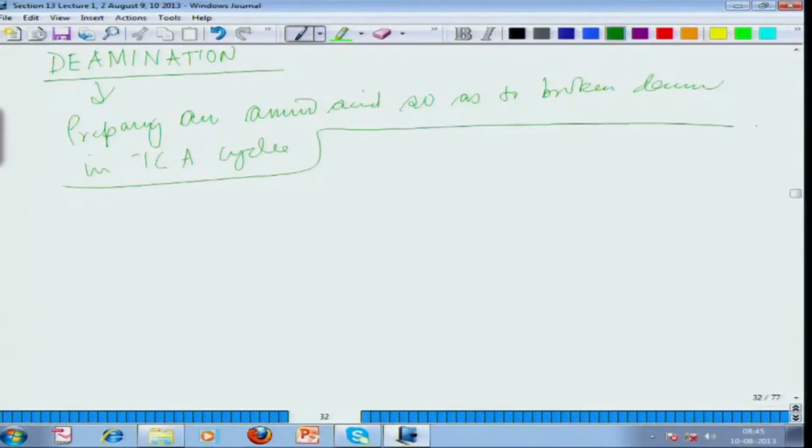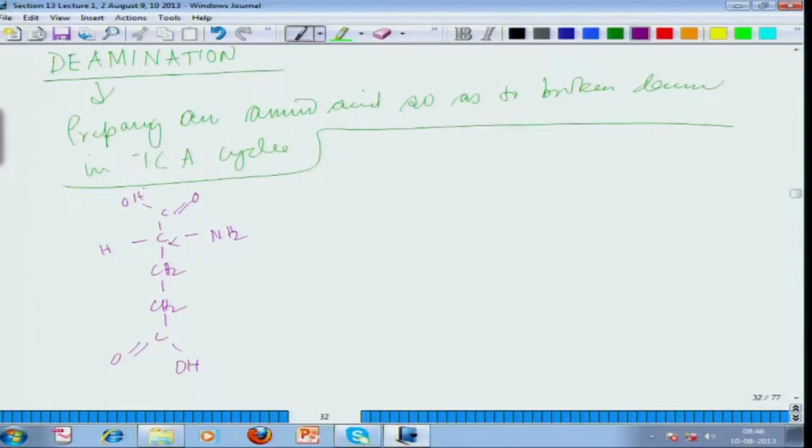Now, what is deamination then? Let us take this simple example. You have this CH2. I am writing a glutamic acid residue now. Here you have the alpha carbon, amino group, hydrogen, here your carboxylic acid.